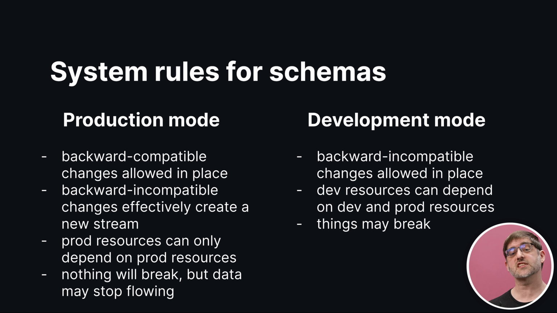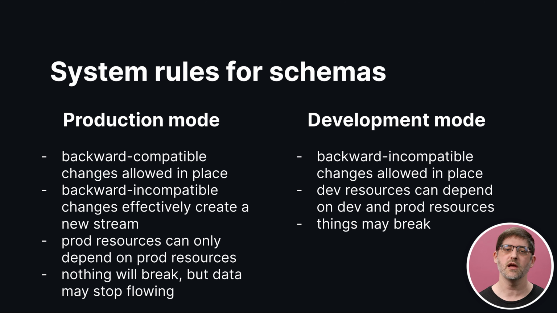And the reason why we do that is that it stops us from breaking all of the downstream services and teams that are dependent on our resources. Prod resources, of course, can only depend on other prod resources, right? They require everything upstream of them to be able to support that level of contract. And the important thing here is that nothing will break if you follow those rules. Although data can stop flowing, you'll never actually blow up a downstream service.